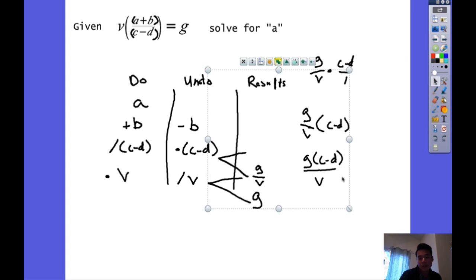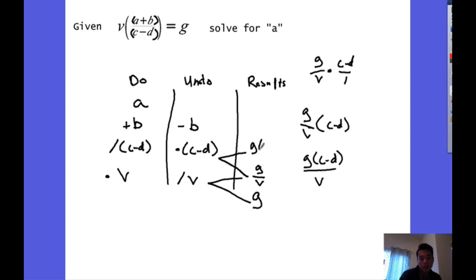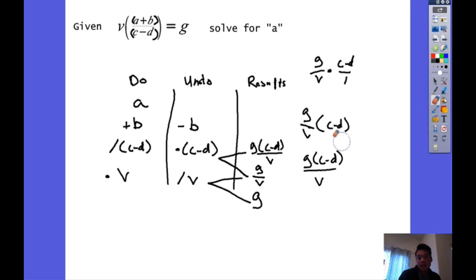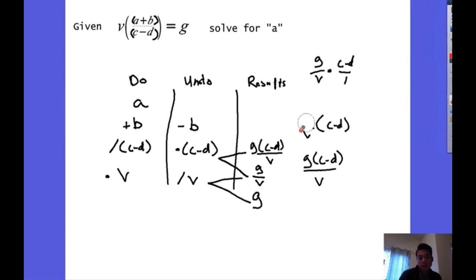Just multiplying my fractions. So just write it in. G times c minus d divided by v. And then the last thing I need to do is subtract b from both sides.